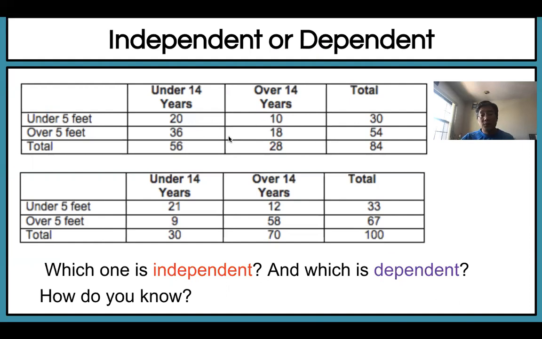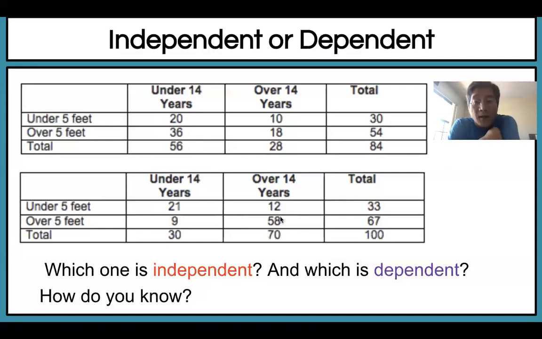Then you can tell that these two events, height and age, are independent. But if you see this case, 21 to 12 and 9 to 58, obviously they are not proportional, right? Then they will be dependent.